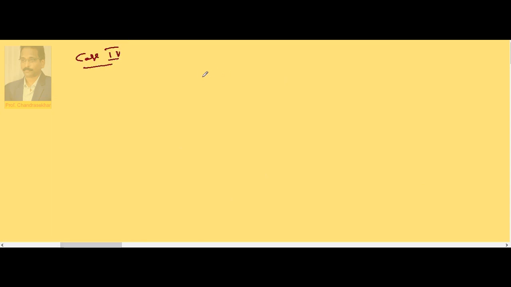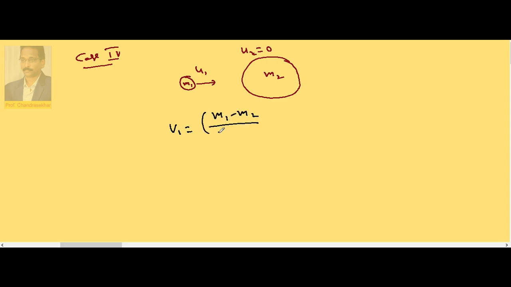Now take case 4, the reverse case. A lighter body in motion collides with a heavy body at rest elastically. So here the lighter body is m1, moving with the velocity, and collides with the heavy body at rest. We know the first body equation, (m1 minus m2) by (m1 plus m2) into u1.